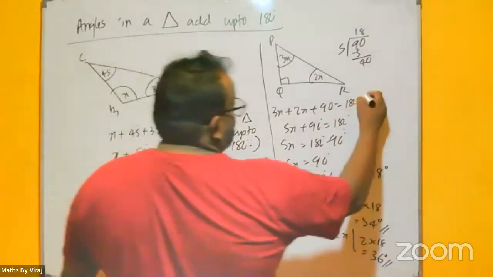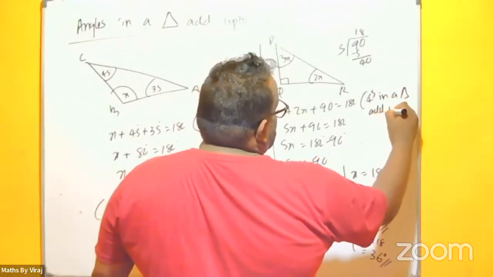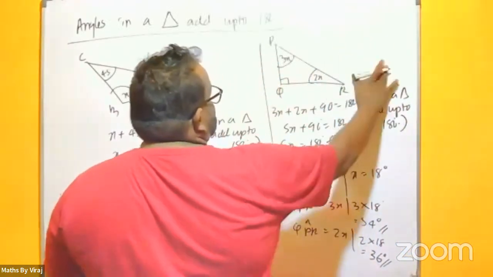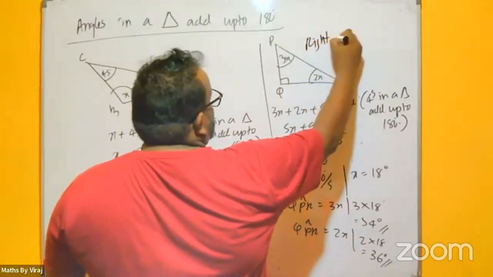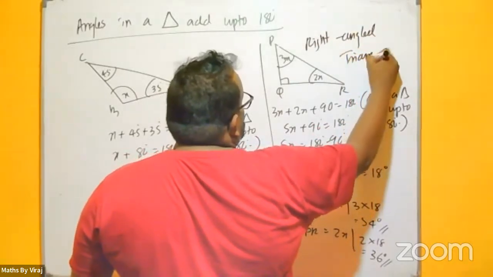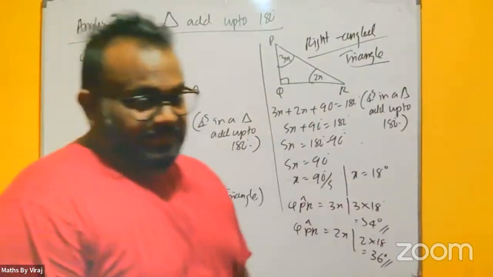Yes. And you should mention angles in a triangle add up to 180 degrees. And based on this, what kind of a triangle is this? It's a right angle triangle. Please take it down.